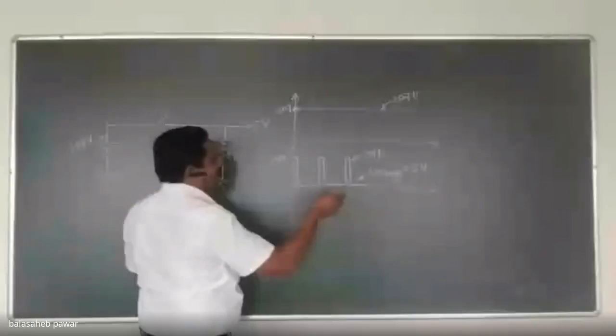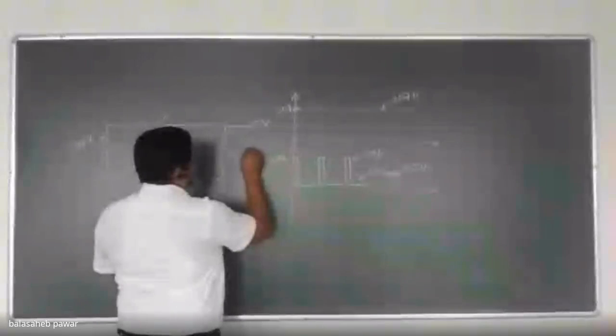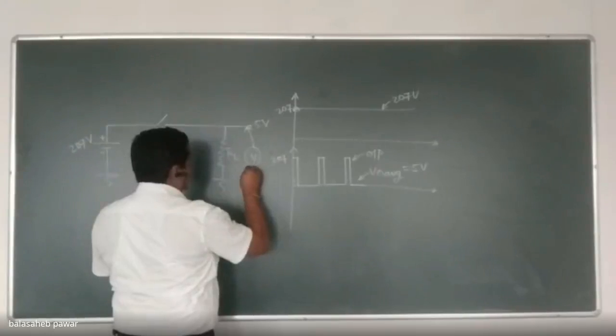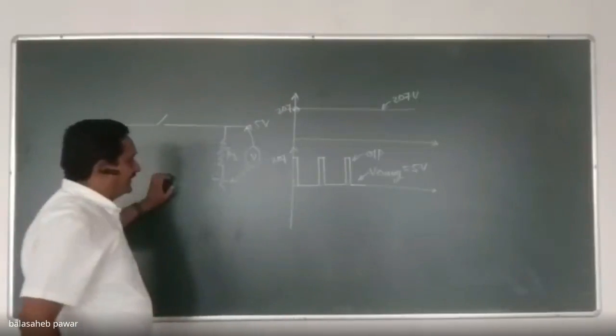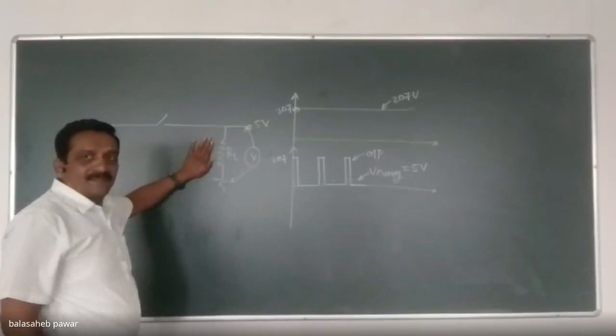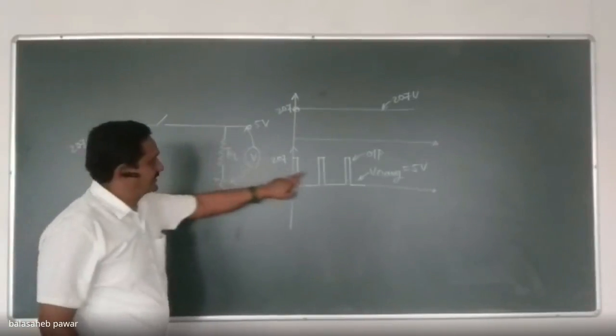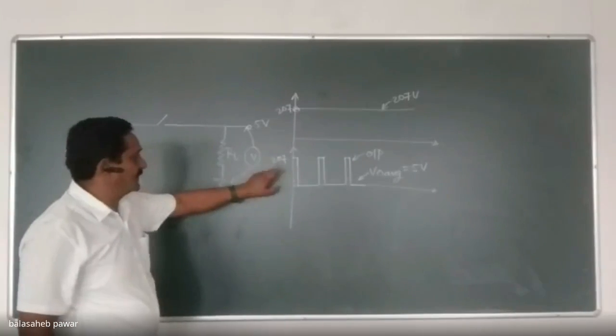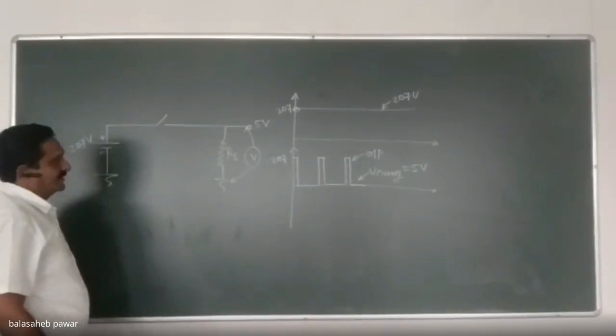Are you getting it? Whenever we take the average of these pulses, average means what? Suppose by DC measurement, you have connected a DMM across this RL. What are we applying to that DMM? We are applying pulses of how much amplitude? 207 volts. Last time also, I explained and asked one question.